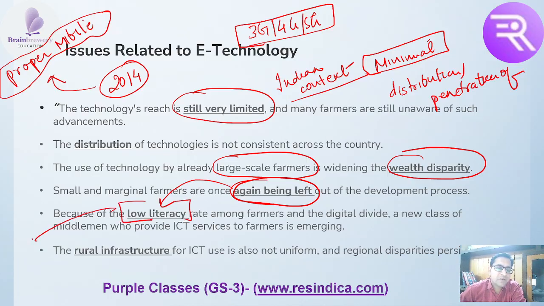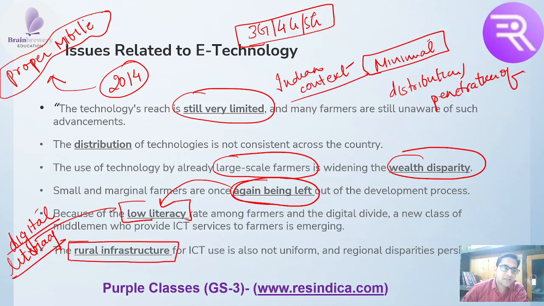We are specifically talking about digital literacy, and at the same time, rural infrastructure. Rural infrastructure means whether we have proper broadband connectivity at the panchayat office, and whether we have proper mobile telephony.